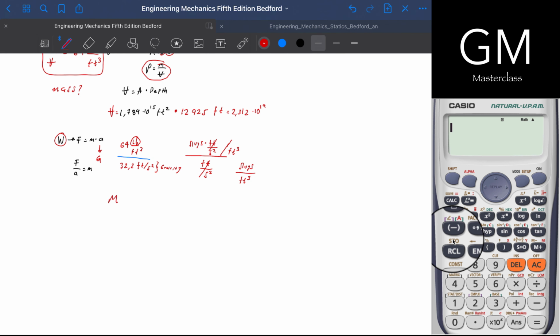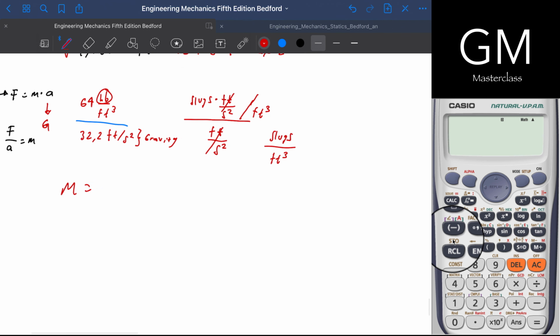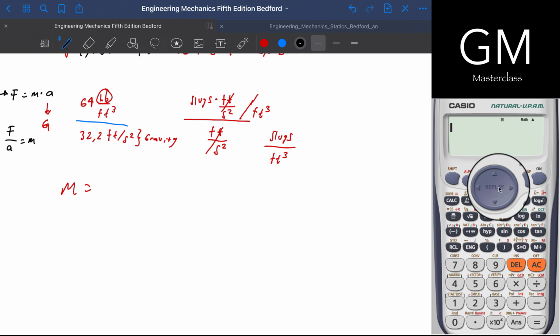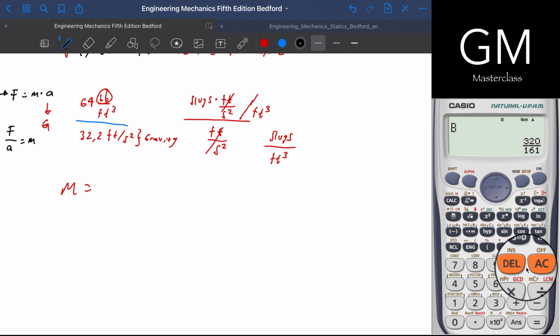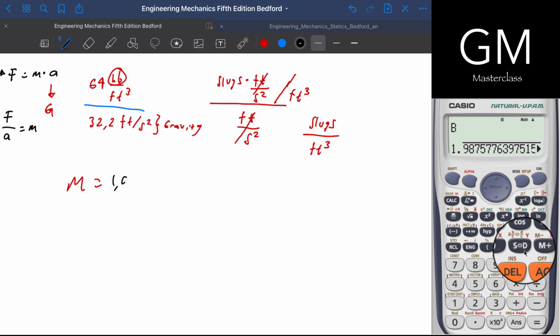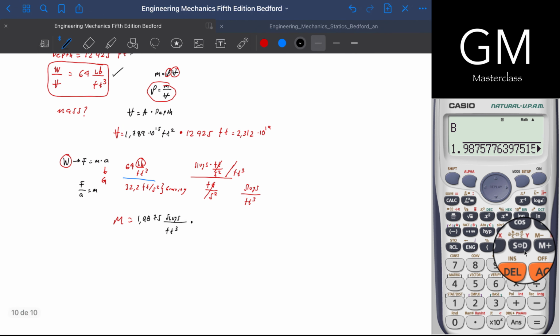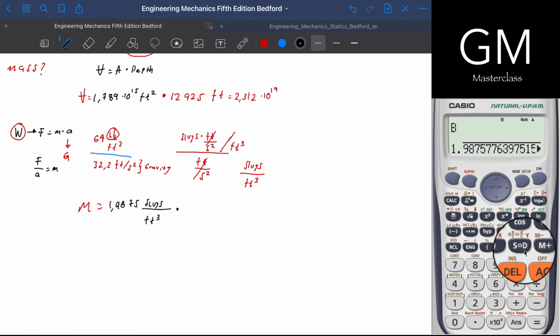the mass of the ocean will be this value, the B value, 1.9875 slugs divided by feet to the third power multiplied by the volume that I've found before.